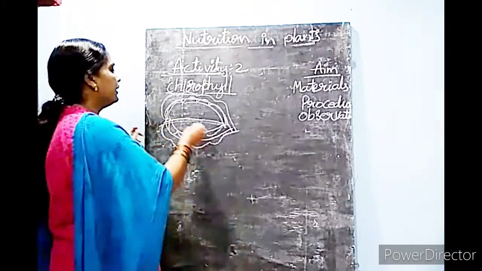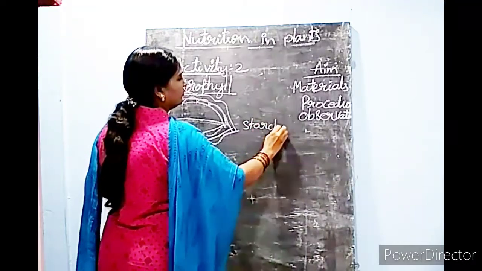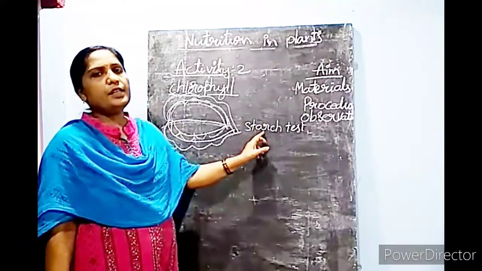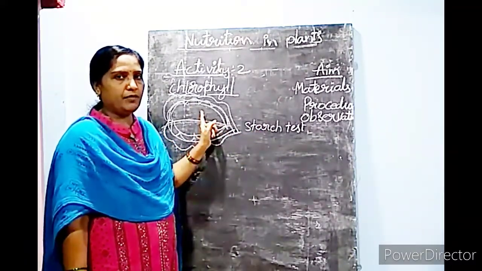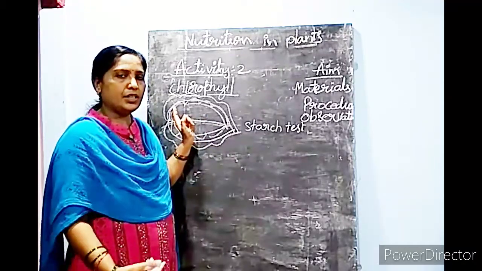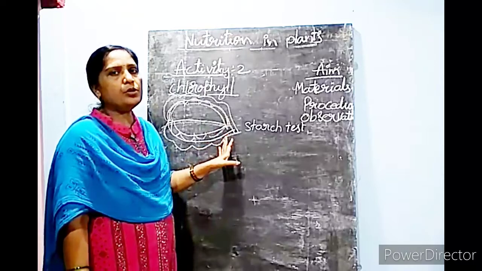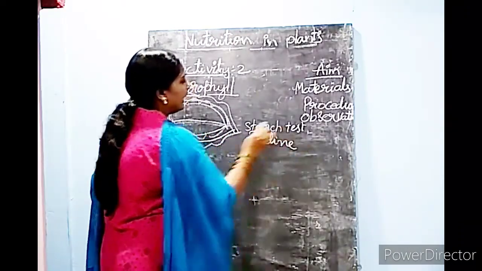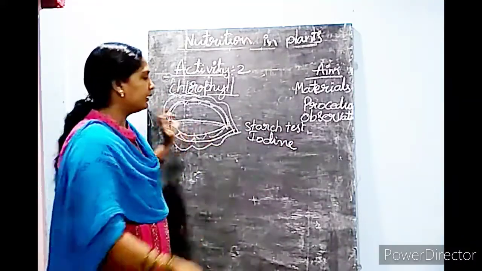And then do the starch test. Before doing the starch test, destarch the same way as we did in activity 1, by using alcohol and water. After this, add iodine and then see how the color change takes place.